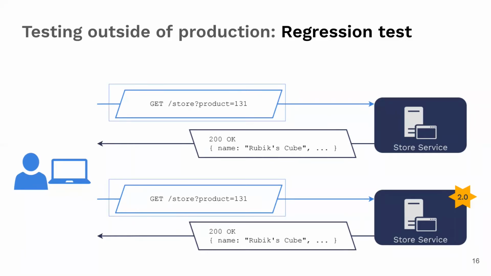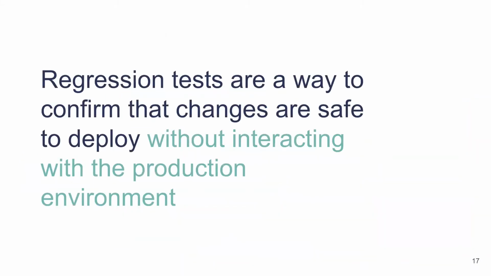But for Aaron's use case, this is a good fit. So regression tests are a good way to confirm that changes being made to the store service are safe to deploy without having to interact with the production environment, as one would with a Canary deployment.